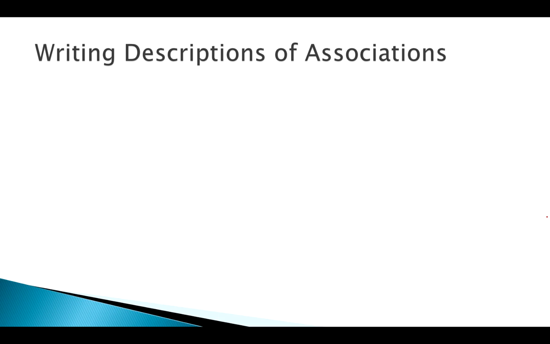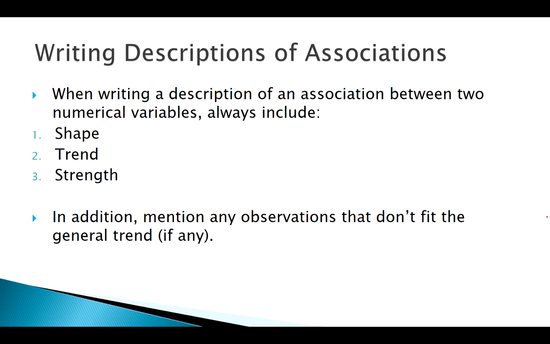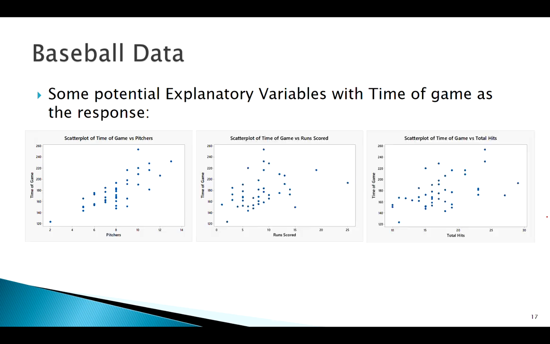Summing up, when I'm describing this association, we want to talk about shape, trend, and strength. And again, we'll talk in the future about what if we see weird observations. So back to our example. Keeping all of that in mind, what do we think is the best predictor?